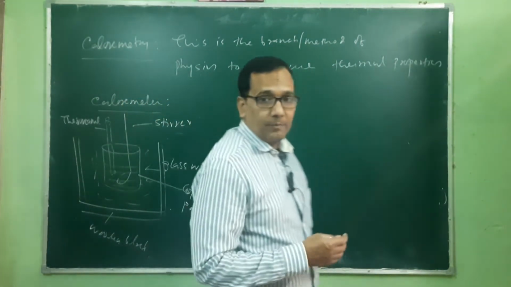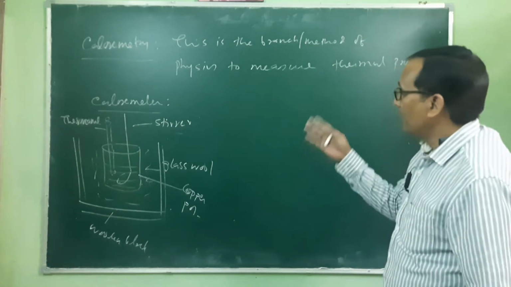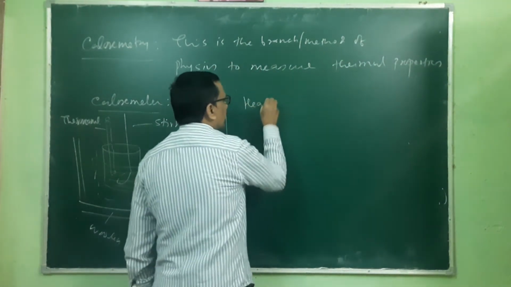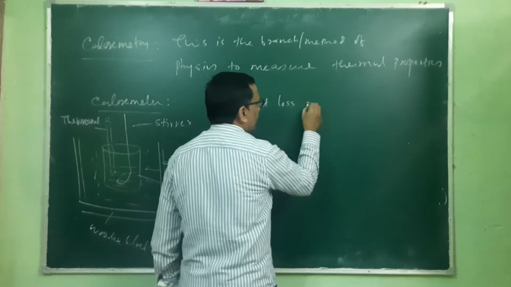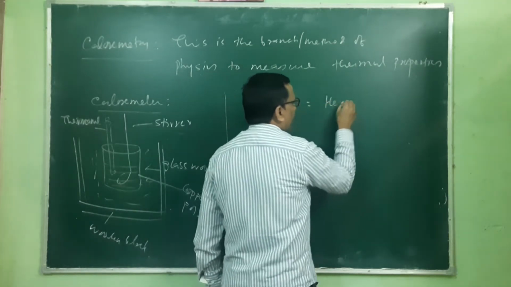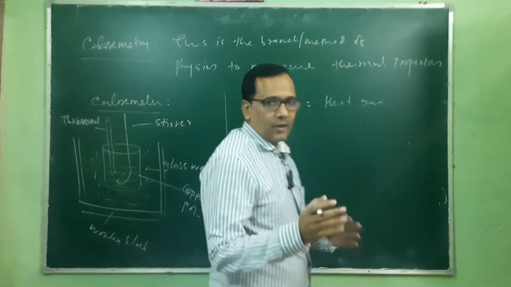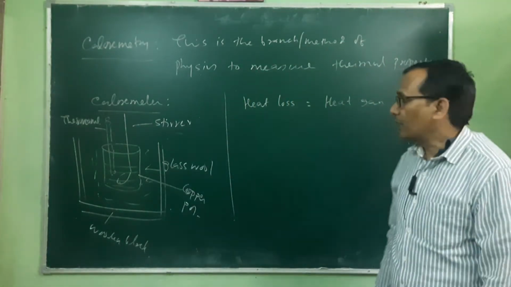The principle of measuring specific heat of a solid, or those thermal properties, is that heat loss by one part of the system is equivalent to heat gain by the other part. So जितना heat loss होता है उतना heat gain जो है वो counter part के साथ होता है.